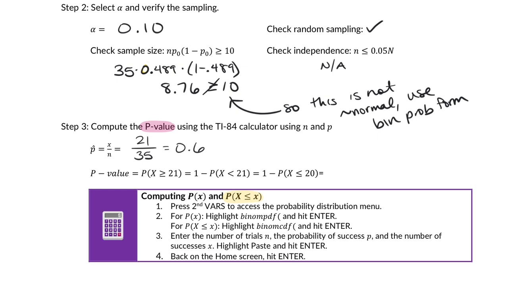But here we go. We're going to use our calculators for this one. Press second, and then the button that says VARS. We are specifically doing this second option. So we are looking for binomial CDF, as opposed to PDF.